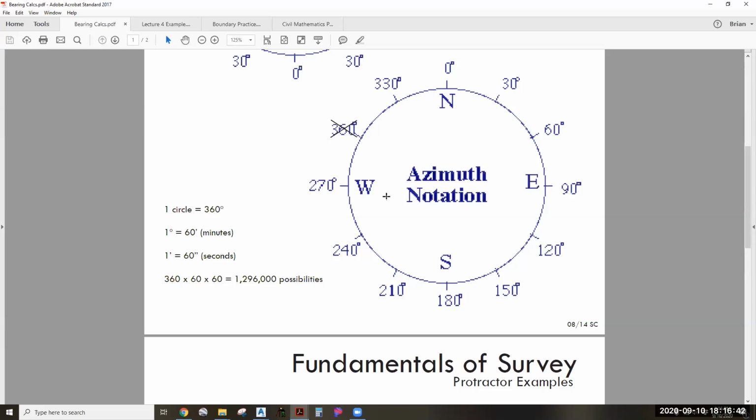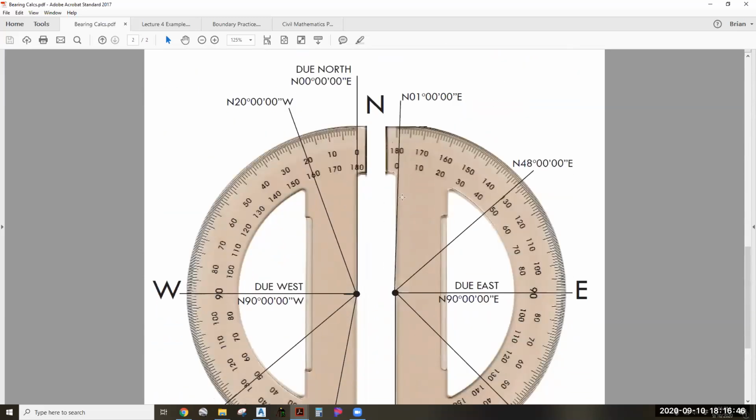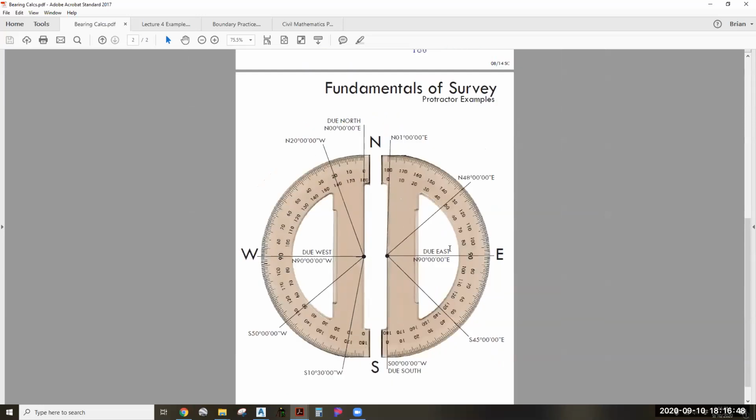Always speak up if you have questions. Here I just made a simple idea, like when we were in grade school and we had protractors and thought we'd never use protractors ever again. We can use protractors to measure angles.